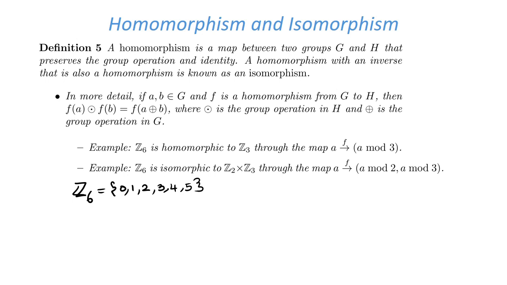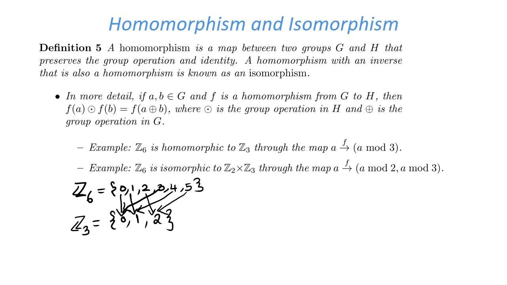Now let us see how these elements are mapped to Z3 through the map F. Zero is mapped to 0, 1 is mapped to 1, 2 is mapped to 2, 3 is mapped to 0 as well, 4 is mapped to 1, and 5 is mapped to 2.